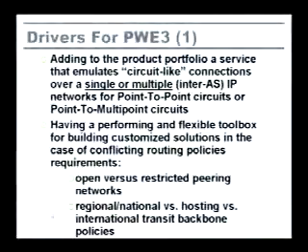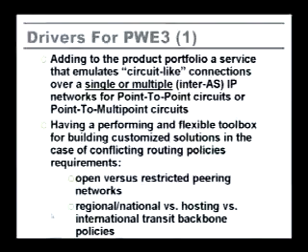Another driver was more an internal driver, to have a kind of performing and flexible toolbox to build customized solutions in case we have some conflicting routing policy or peering policy. As background information, the Ebone network has different AS. We have regional AS and we have a transit AS.